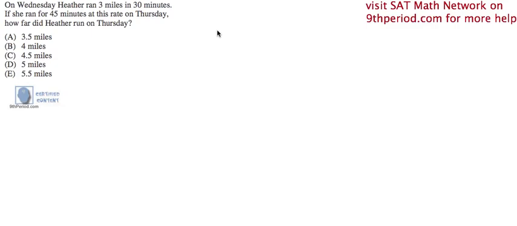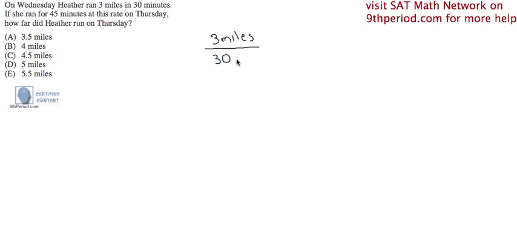So the way we're going to set this up, we're actually going to set up an equation, and we're going to start out with 3 miles in the numerator. And we're going to put the time in the denominator.